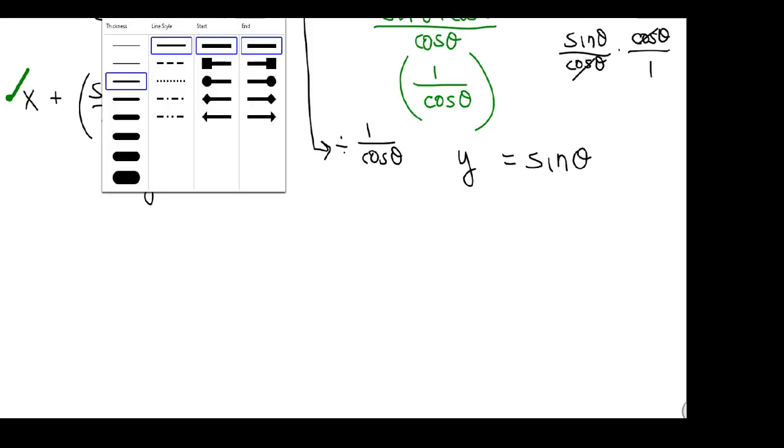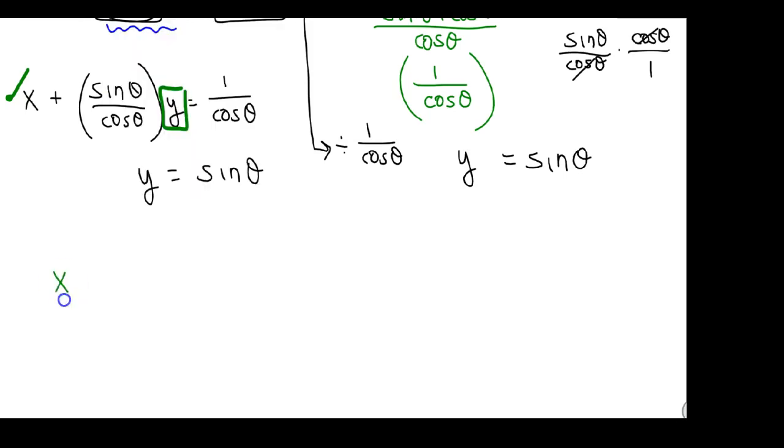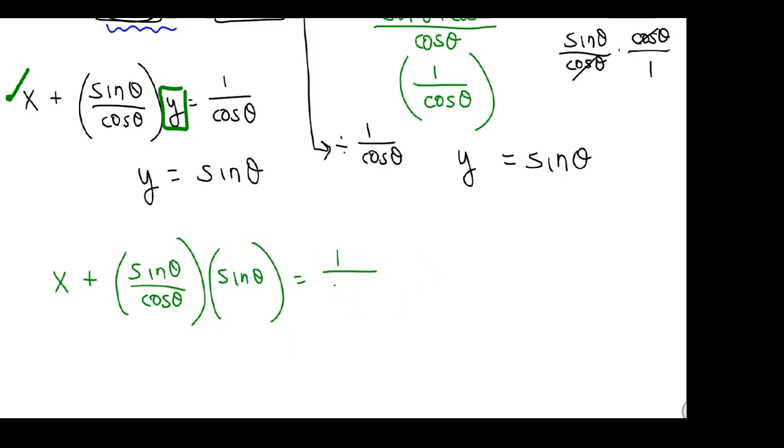So I will have x plus sine of theta over cosine of theta times y, which is sine of theta, is equal to 1 over cosine of theta. Or x plus sine squared of theta over cosine of theta is equal to 1 over cosine of theta.